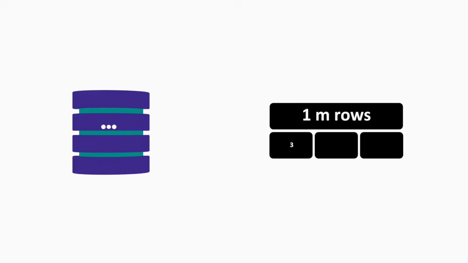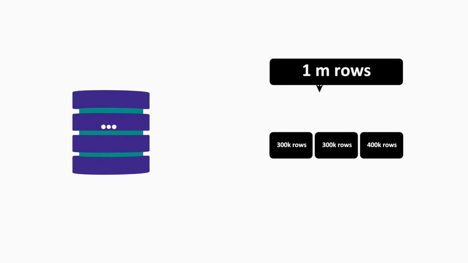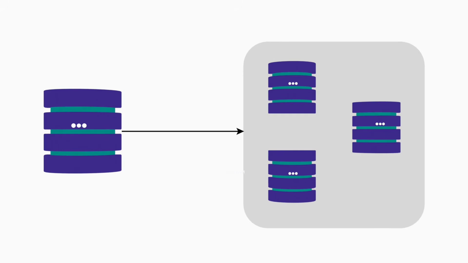First, 300k rows will go here, then 300k rows in the second table, and then maybe 400k in the third one. So one table is divided into multiple tables, which is called database partitioning. The difference between database partitioning and sharding is that in partitioning you are still inside one node or cluster, but in sharding you are dividing your database into multiple nodes based on some shard key.